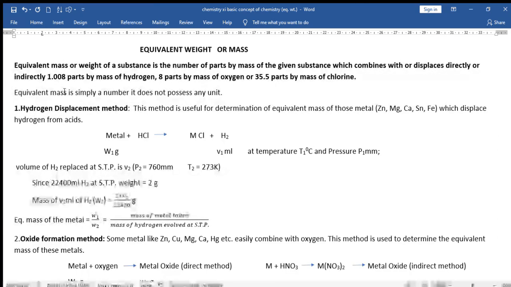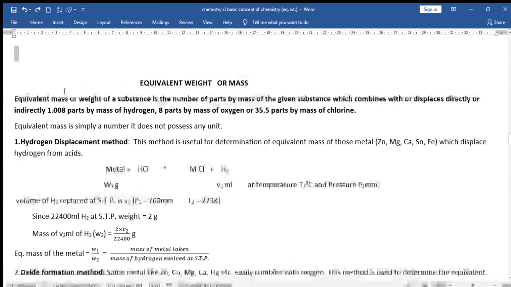When metal reacts with oxygen, the mass of metal which reacts with 8 gram of oxygen is known as its equivalent mass.